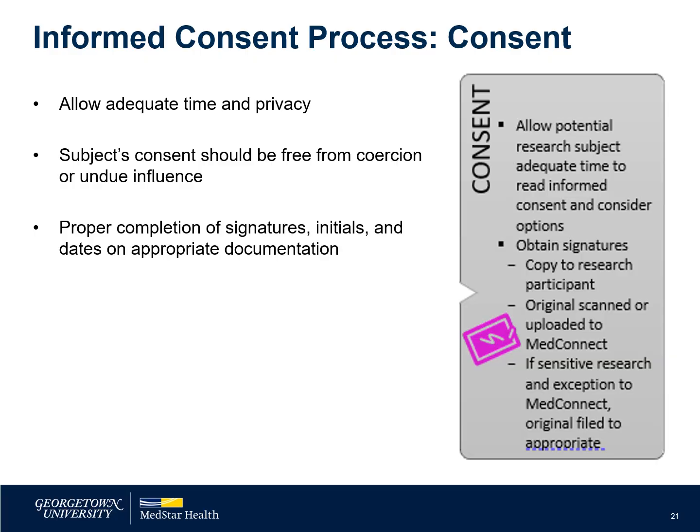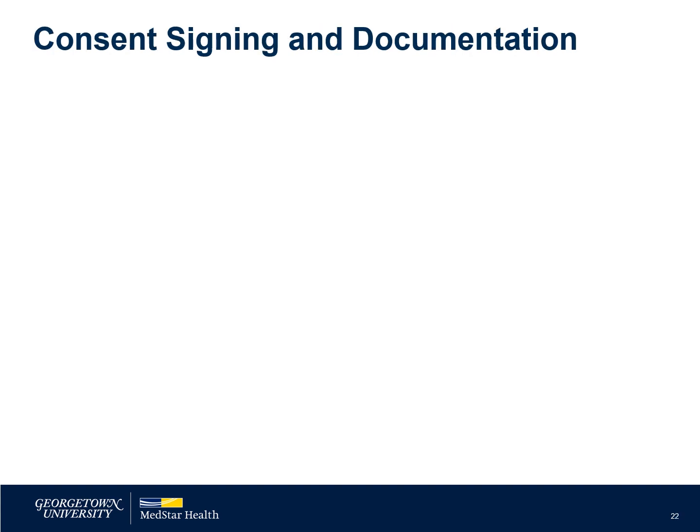The authorized person conducting the consent process will review the consent to ensure there is proper completion of signatures, initials, and dates. However, the investigator is ultimately responsible for ensuring the process is conducted properly. When all of the steps of the informed consent process have been completed, we can then move to consent signing and documentation.